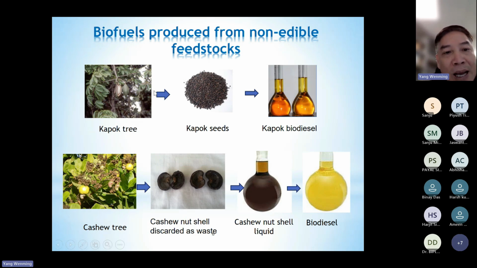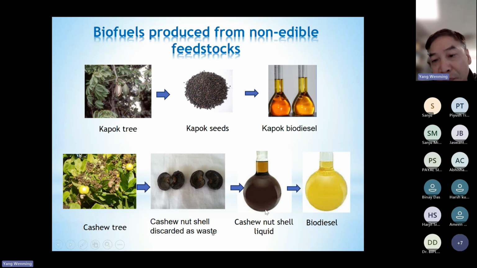For example, we can produce biodiesel from kapok seeds. Here is the biodiesel produced from the kapok seeds. We have also tried to produce biodiesel from cashew nut shell. Usually this cashew nut shell is discarded as waste, but the cashew nut shell actually contains about 30% cashew nut shell liquid.